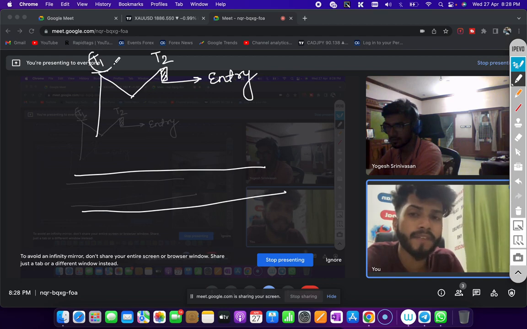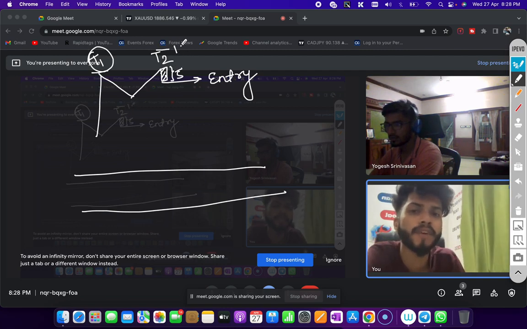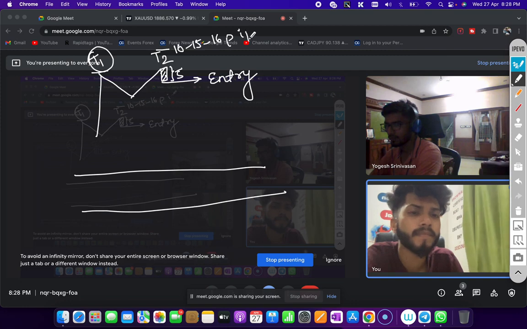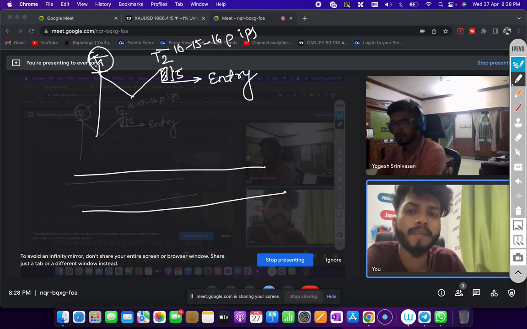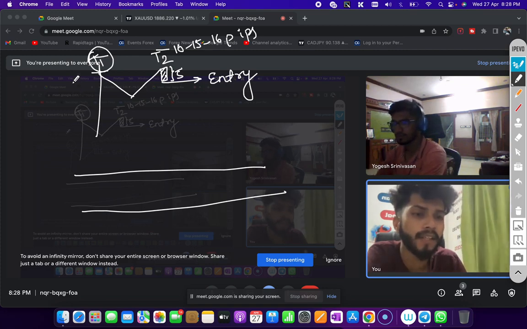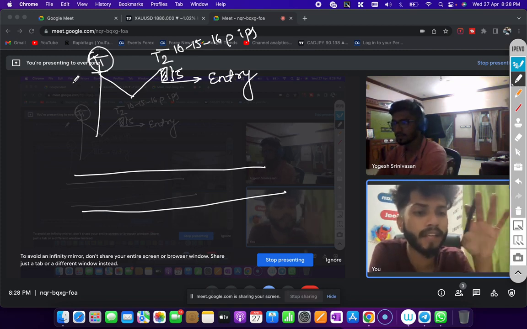Let's say you have the top 1 level, so you can make your stop loss 5 pips, then 10 pips above it or 8 pips above it. So you can make it from 10 to 15 or 16 pips from this particular level. You can set a genuine stop loss. Let's say that here it should be a big level, so you can make it above the big level, right? So you will take some genuine stop loss.